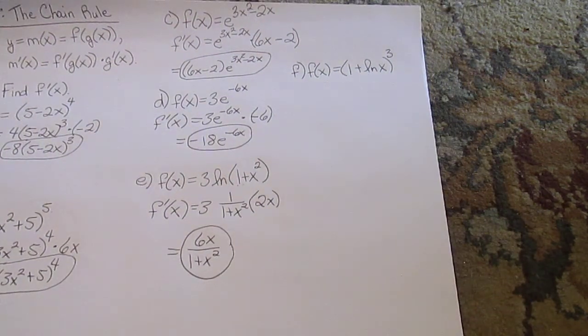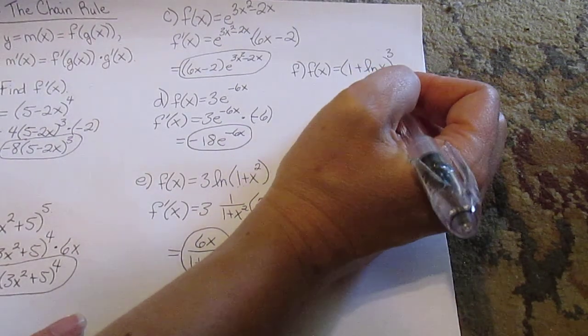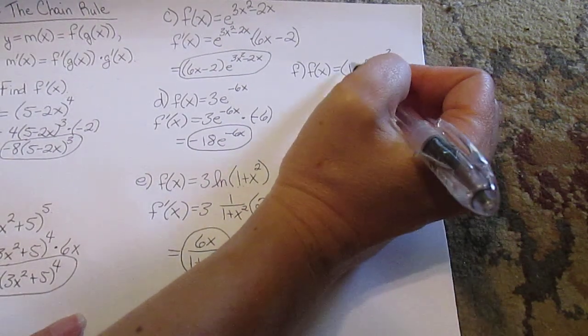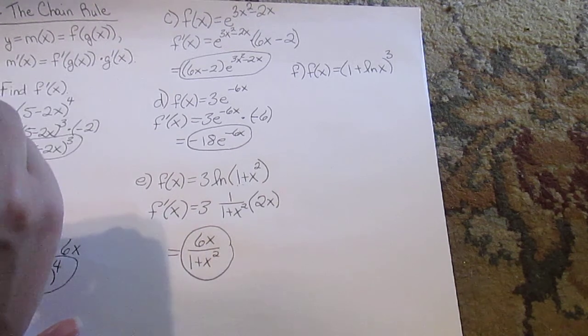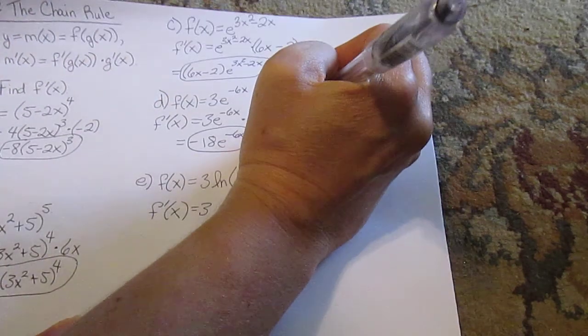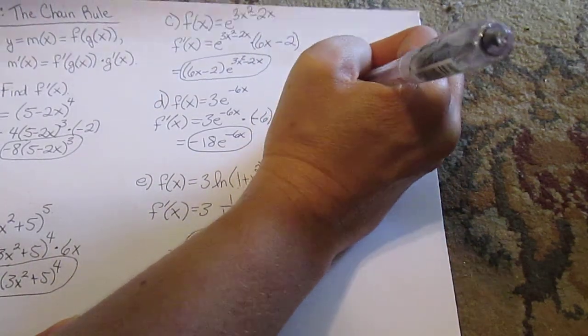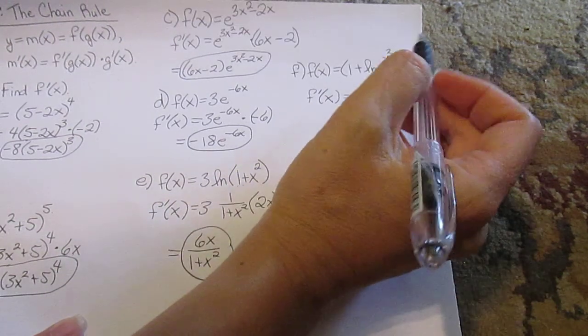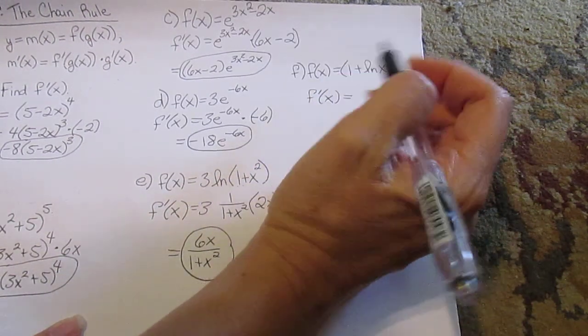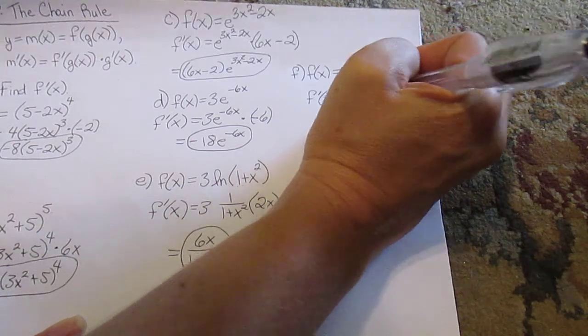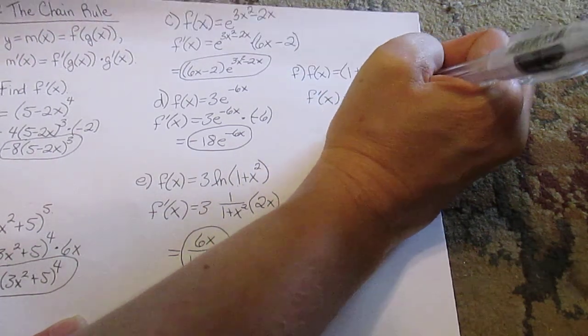Okay, finally, one more. F of x equals 1 plus the natural log of x, all of that to the third power. Okay, well, this is the inside function. We've got this to the third power as the outside function. So f prime of x. Take the derivative of the outside function, so bring the 3 down. Leave the inside alone.